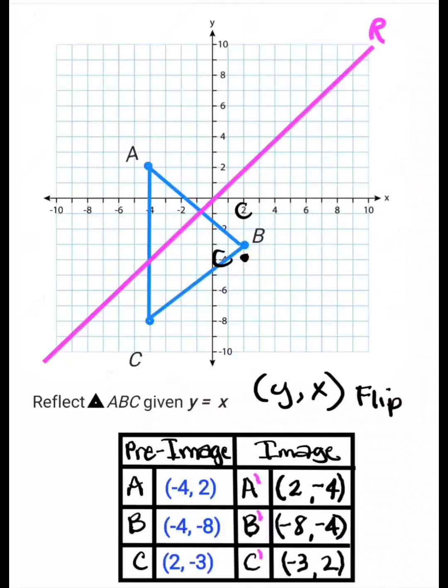Yep, that's for A. I thought I was saying that was C. That threw me off for a second. All right, so that's A. So this point here flipped over, reflected over that line.